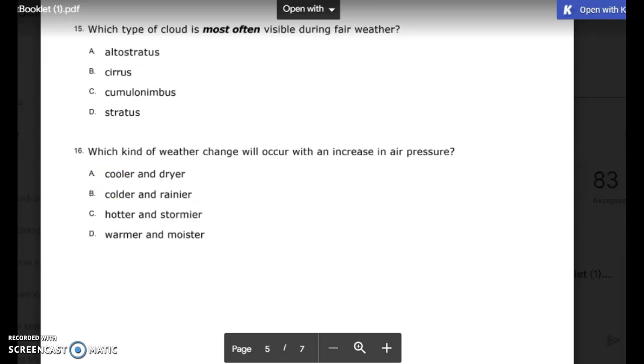What type of cloud is most often seen during fair weather, Sadie? Cirrus clouds. Stratus clouds cover the sky. That's not fair weather. Cumulonimbus is a storm cloud. What kind of weather change will occur with an increase in air pressure?